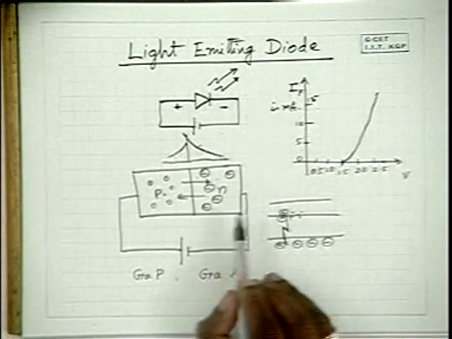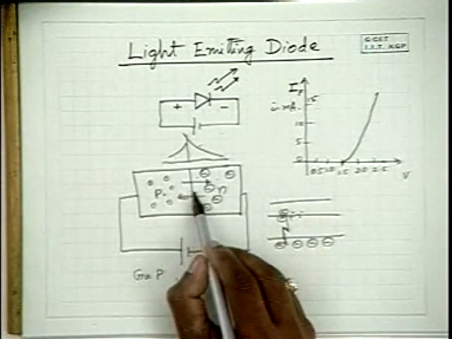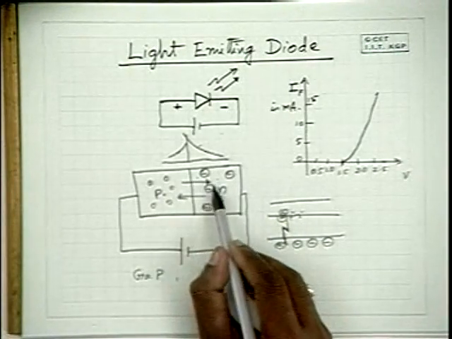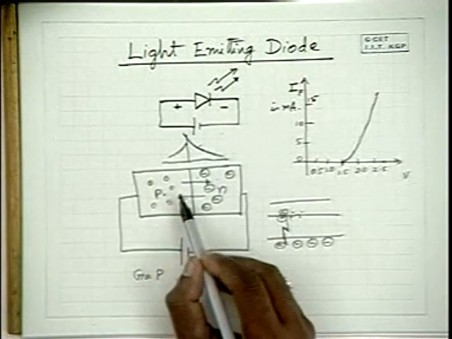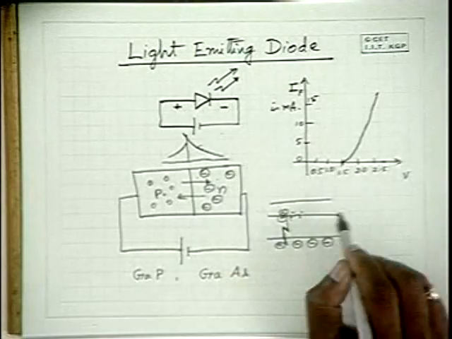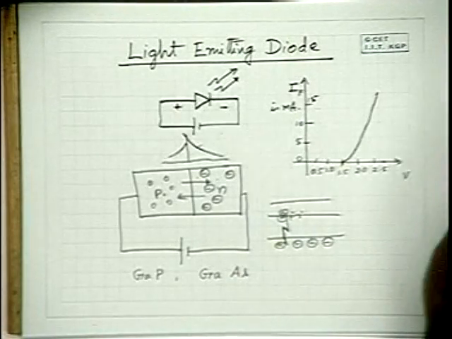That happens because of the recombination of holes and electrons, holes recombining with electrons on this side, and electrons recombining with holes on this side, so this light emits. The construction should be such that the junction has a large area to emit light outside, with no obstruction. Such diodes are known as light emitting diodes.